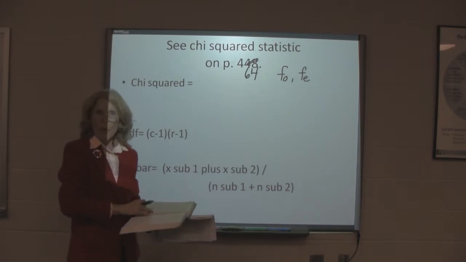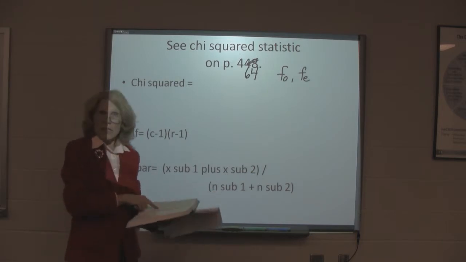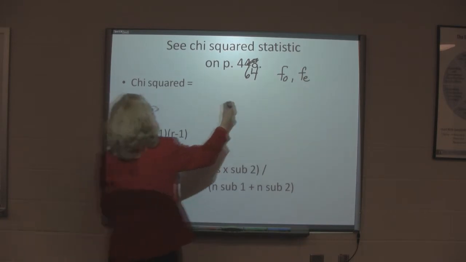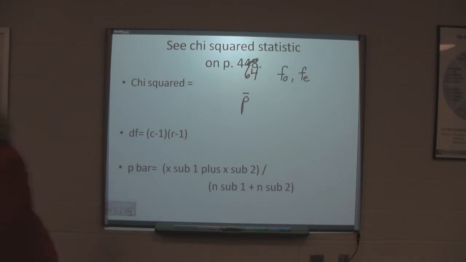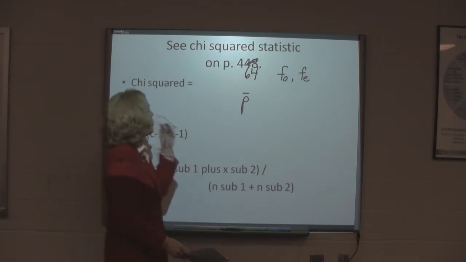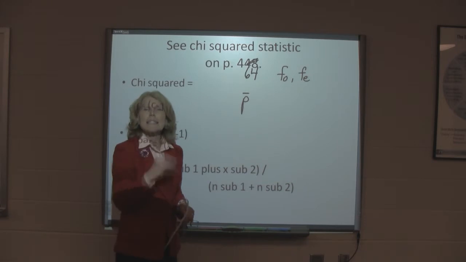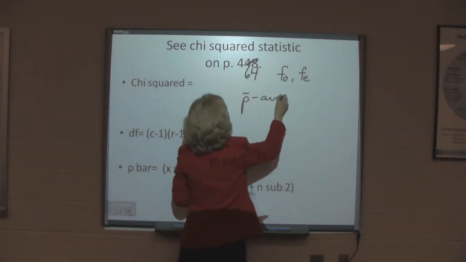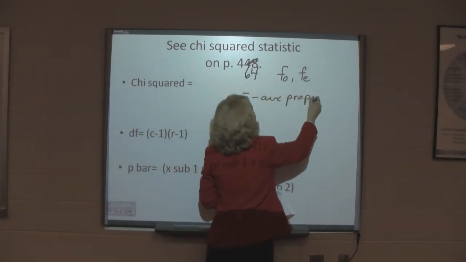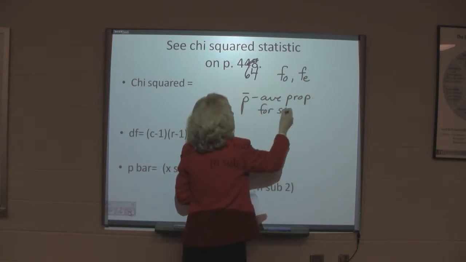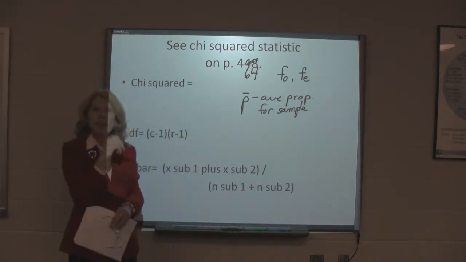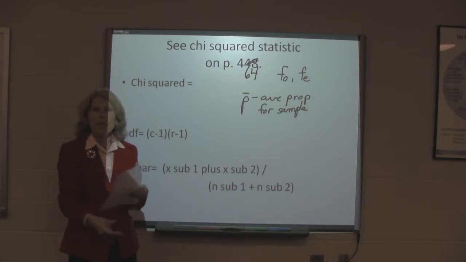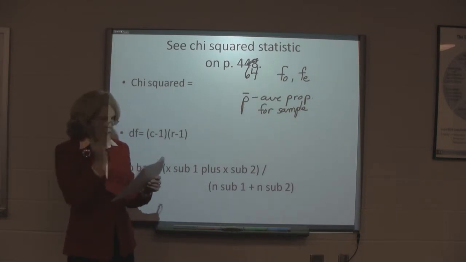Then in 12.2 on that page, you will see the formula for P bar. Now, P bar is the average proportion for the whole sample. This is in English, so that means it's for the sample, whereas if it was pi, that would be for the entire population. So this is just the sample.